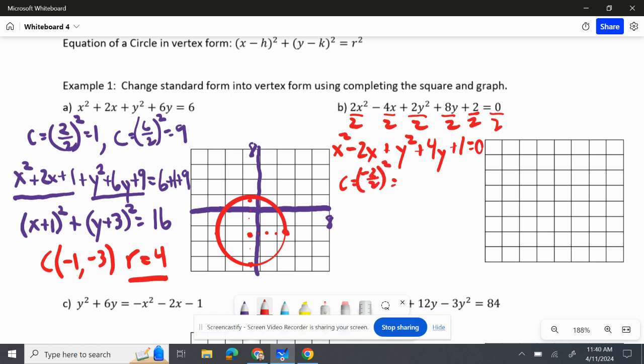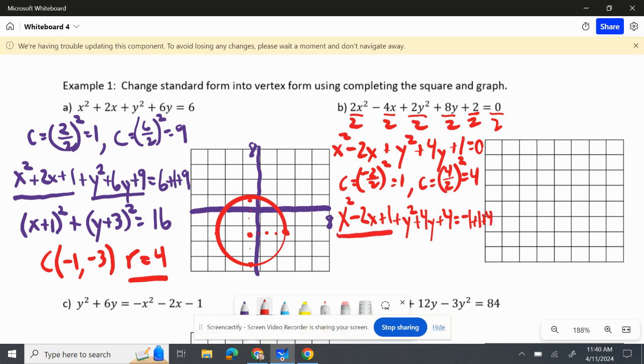I'm going to take the 4, divide it by 2, and square it. And so when I write my equation, I have x squared minus 2x plus 1 plus y squared plus 4y plus 4 equals -1 plus 1 plus 4.